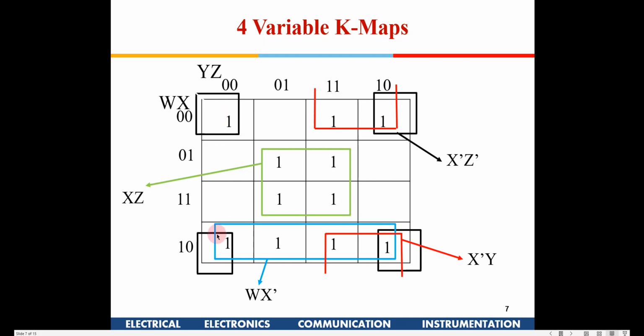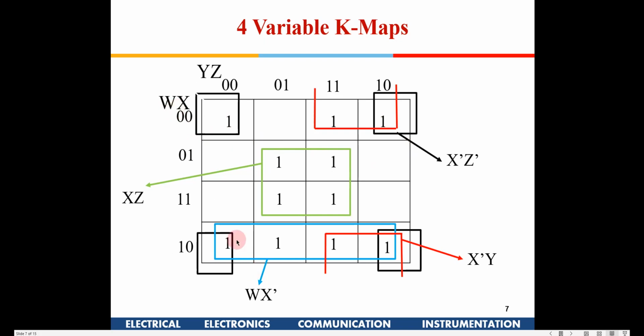Similarly, if I make a horizontal box, like the first 2 rows, one 8 box, then y and z are changing across different columns, and x is also changing. That will become y bar. Please listen carefully. If in the first 2 rows everything is 1, that corresponds to a box containing 8 ones, which will be w bar.